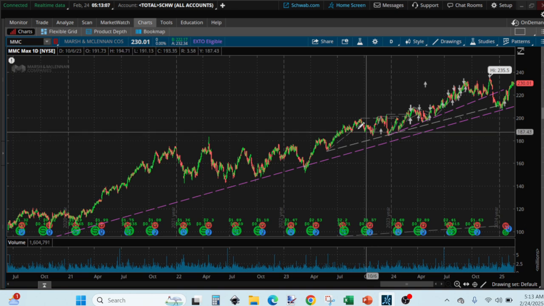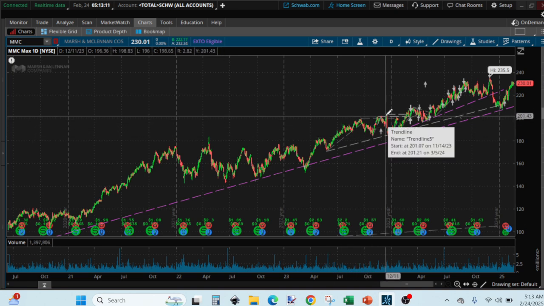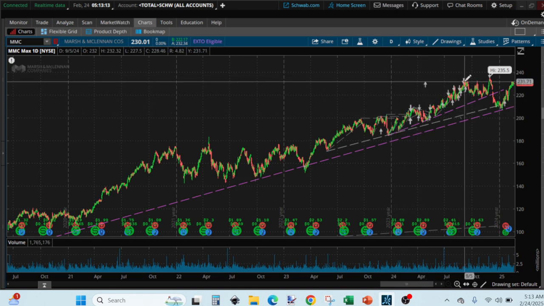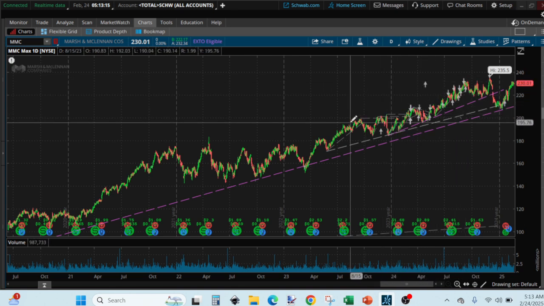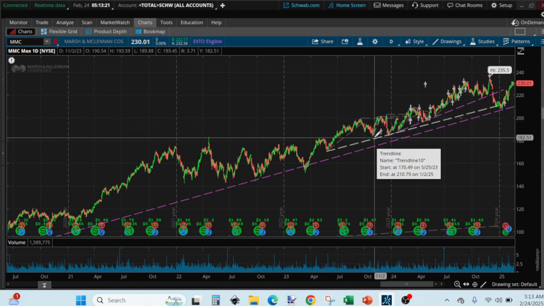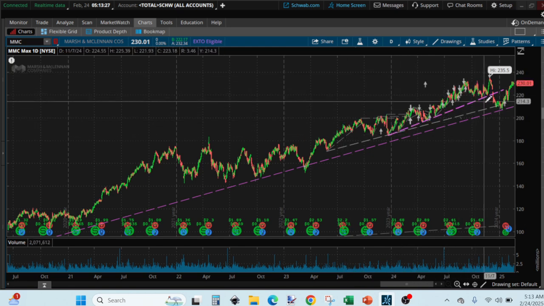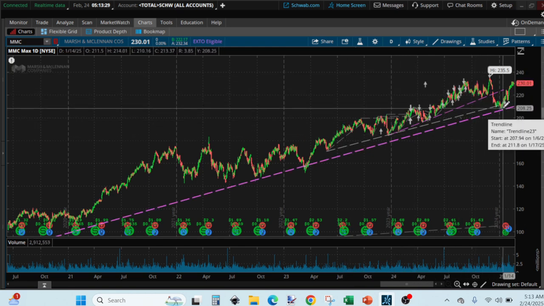Another thing to consider as well is that because it's going to make multiple higher highs for a while, the first high that it reaches, we may not even sell it, even if it's going to come back down, go back up, and so forth, because it's going to have multiple new highs before it decides to come back to this trend line.